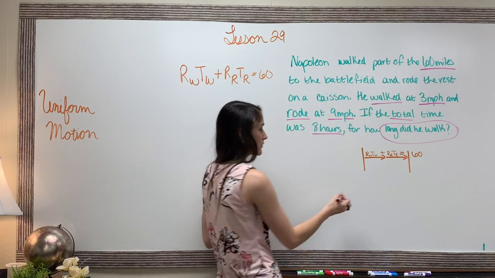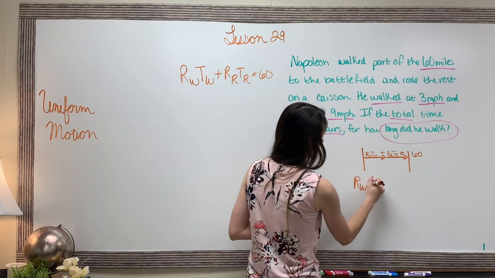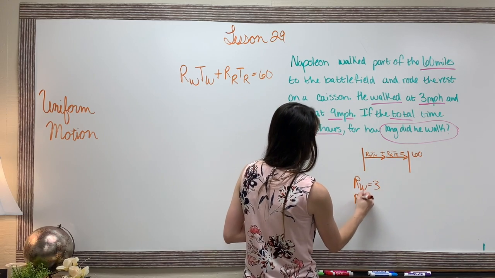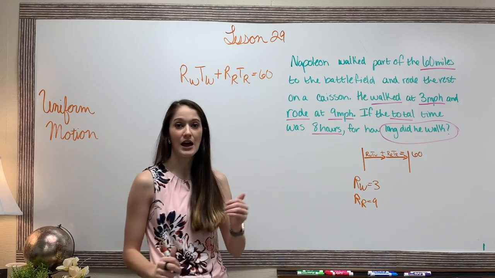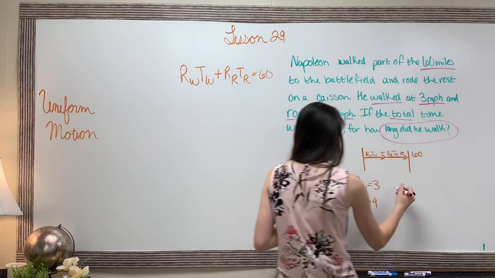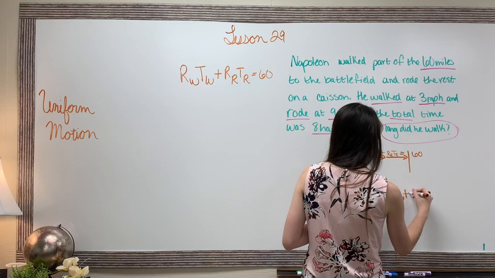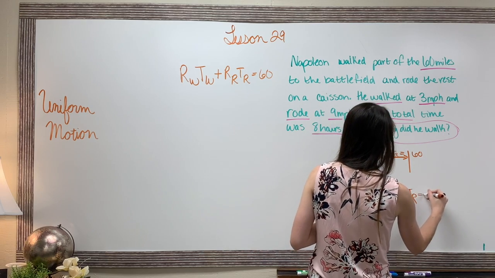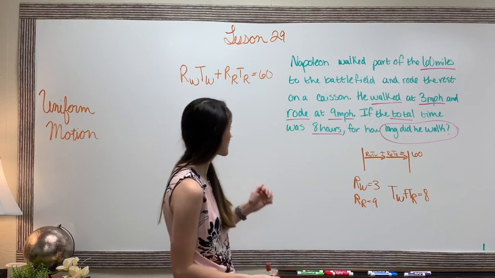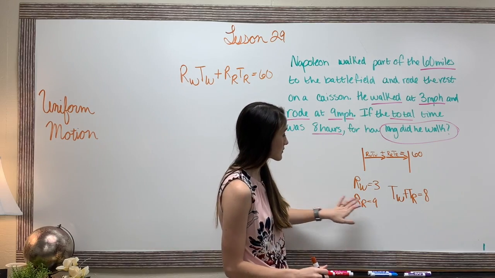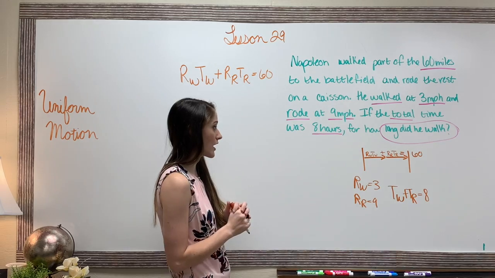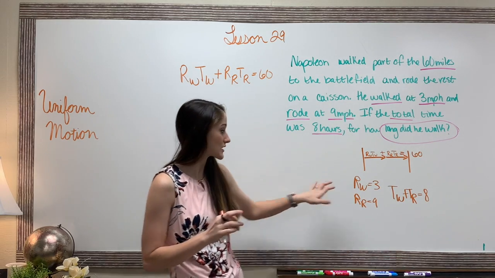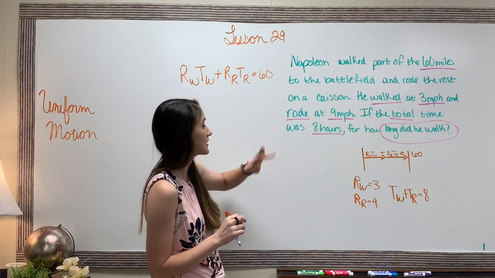Okay, so it says that he walked at 3 miles per hour and he rode at 9. And then it says the total time was 8 hours. So that's going to be the time of walking plus the time of the ride equals 8. Okay, so now I have 1, 2, 3, 4 equations and I have 4 variables. So now we have the right number of equations. We can start plugging this information in here.